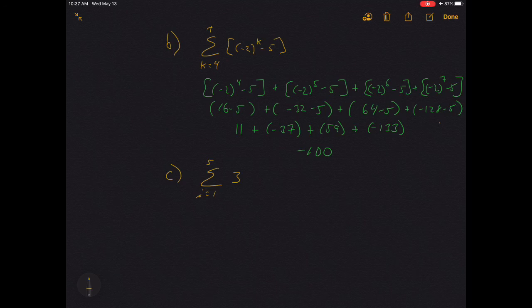So if I was to start with the first term of this sum is 3. But when I kick the counter up to 2, if I plug 2 in, well, there's nothing to plug it into, so it's just another 3. And then when I move to I equals 3, there's nothing to plug it into, so it's just 3.